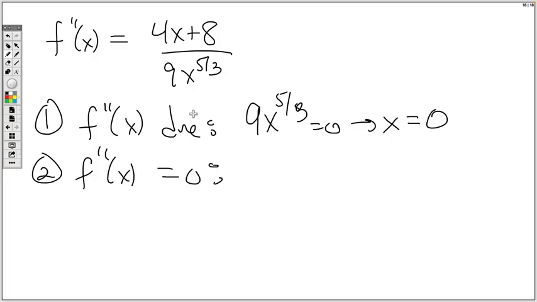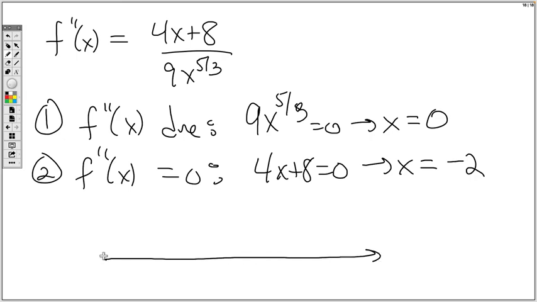That's where we set the what equal to 0? Numerator. So what do you get for the x there? -2.